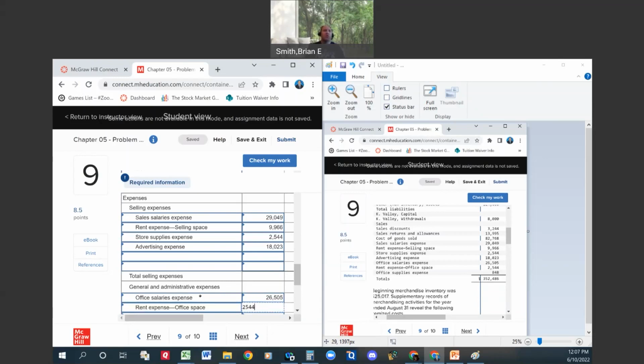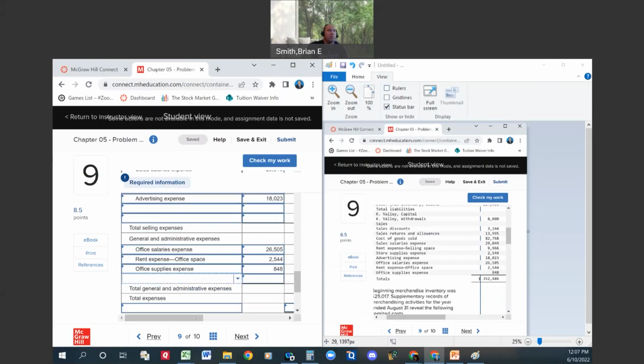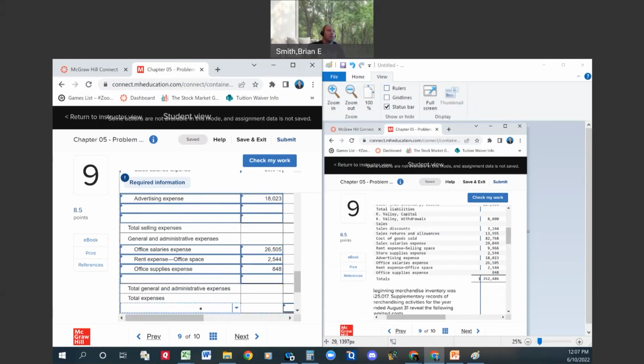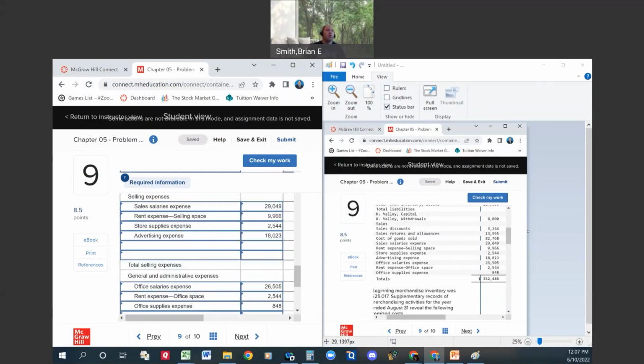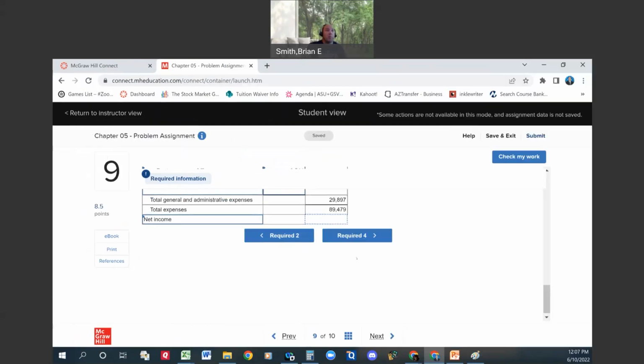And then office supplies expense for 848. Okay. Total expenses. And then this is going to be our net income. Hopefully it's a net income. Actually, I'm going under the assumption it's going to be a net income.